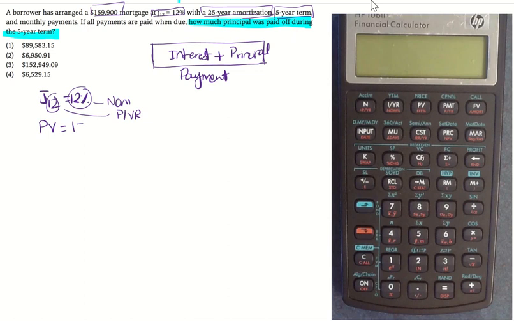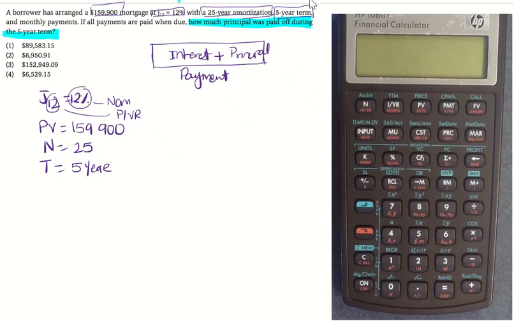Your PV is 159,900. Your amortization period N is equal to 25, and your term is equal to 5 years. Very important: when the term is given, please make sure you read this particular part. If it's given, calculations are done a little bit differently.